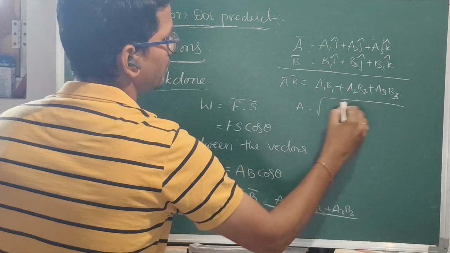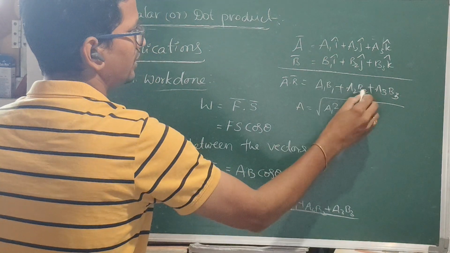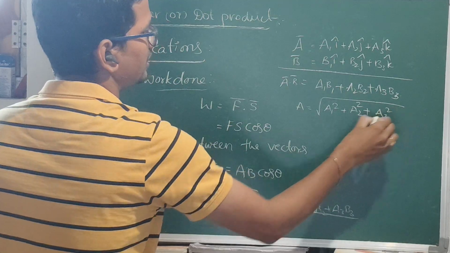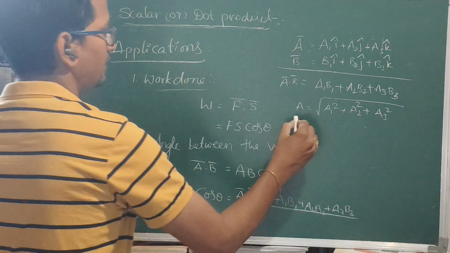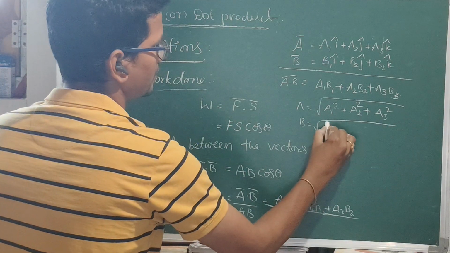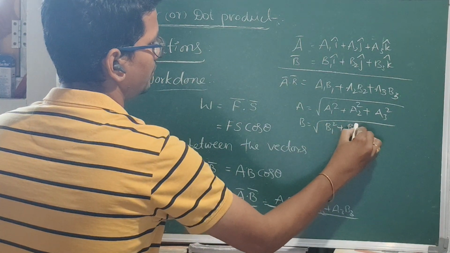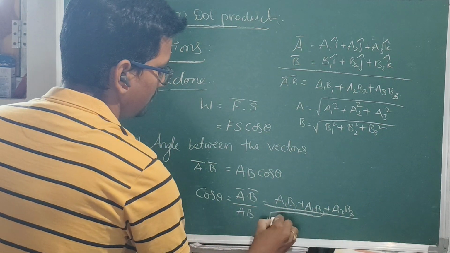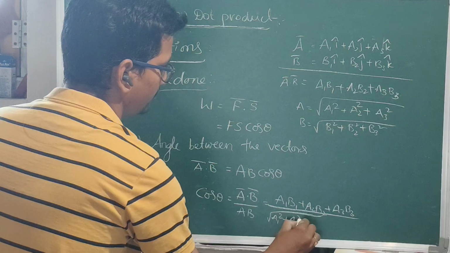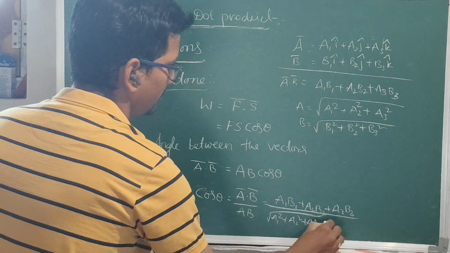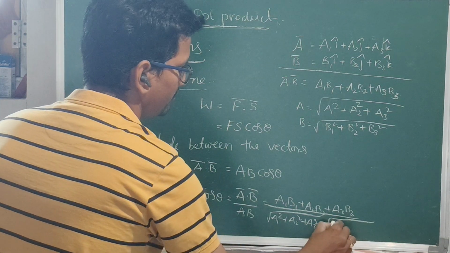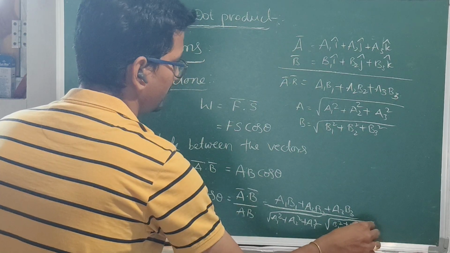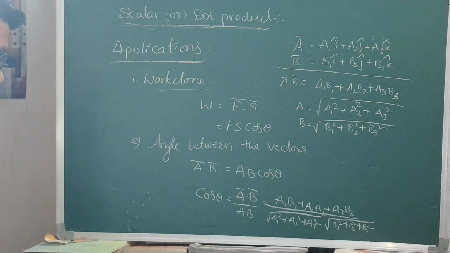A is equal to the square root of A1 square plus A2 square plus A3 square, because i square, j square and k square are each 1, being unit vectors. B also we can write as the square root of B1 square plus B2 square plus B3 square. That's how we can write the angle between the vectors.